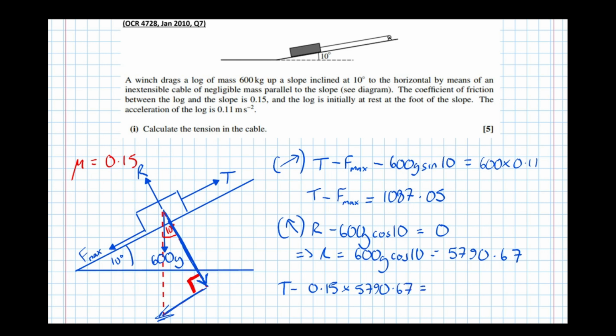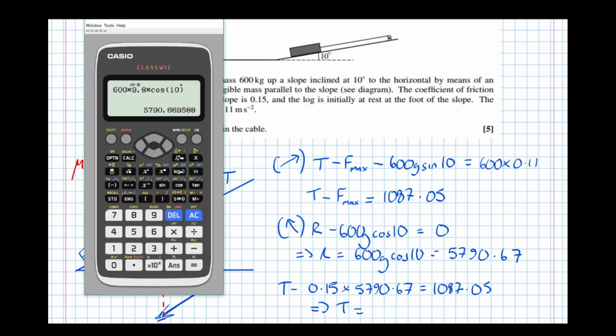And we know that's equal to 1087.05, which finally implies that T, as asked, equals 1087.05 plus 0.15, which is mu, times R, which is 5790.67, equals 1955.65.